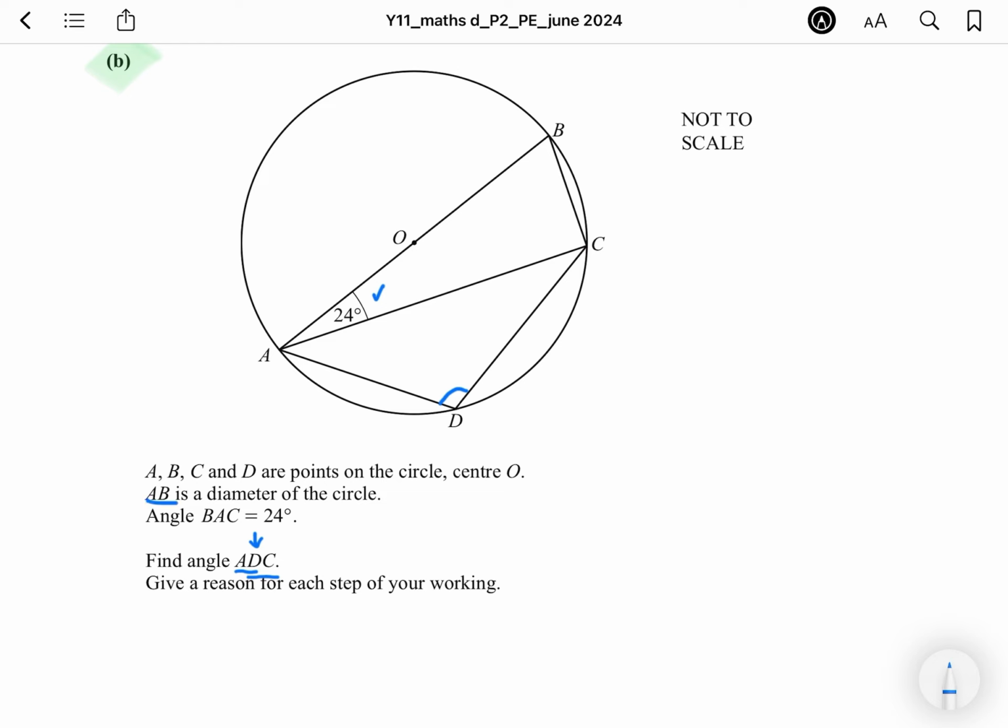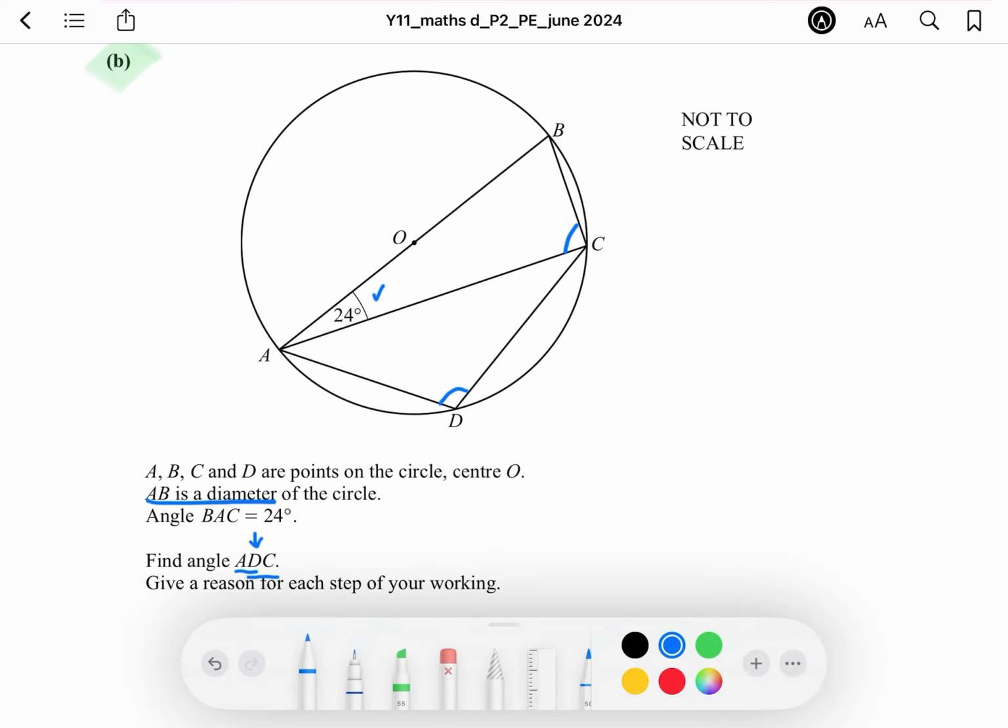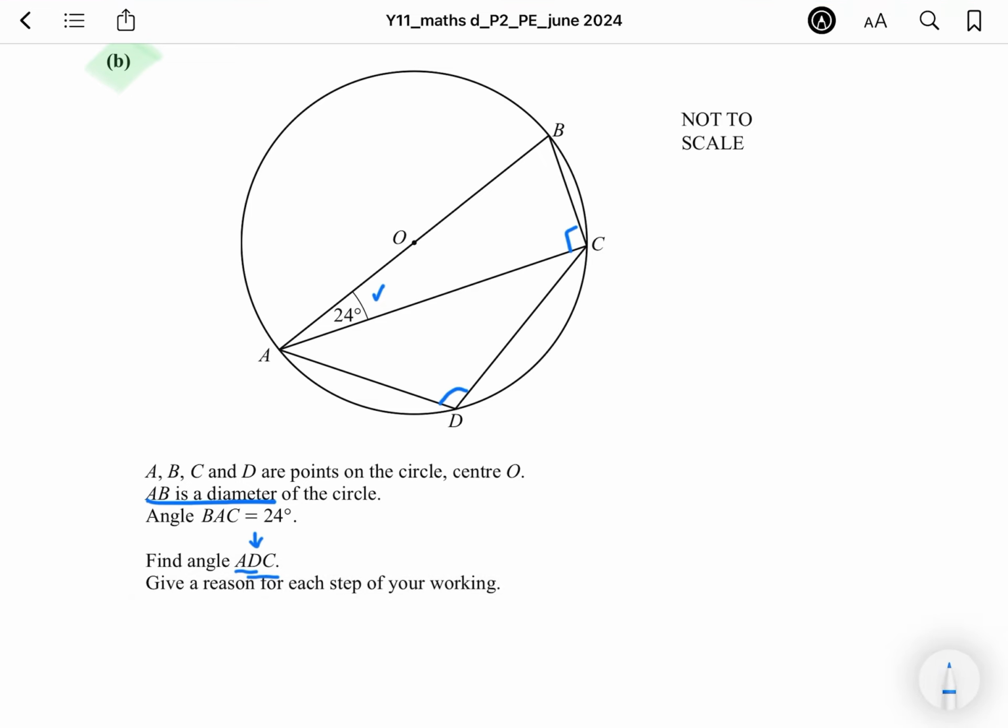Now, when it says AB is a diameter, one of the things that you can get is the angle on the circumference that is opposite the diameter, that is 90 degrees. So I am going to use that one. I'm going to write my answers here so that I can refer to the diagram much more easily, because it's giving a reason for each step of the working.